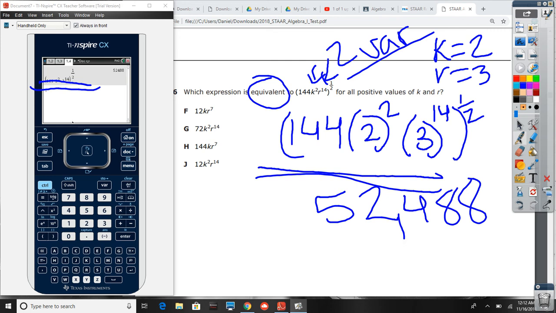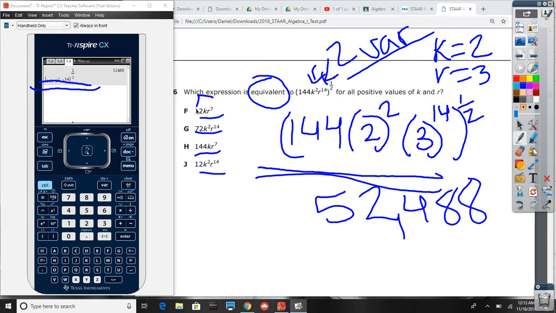That means one of these right here. When I substitute 2 for k and 3 for r, the answer is 52,488.